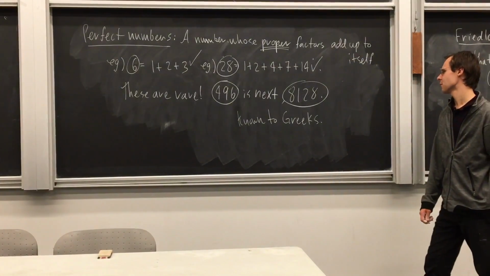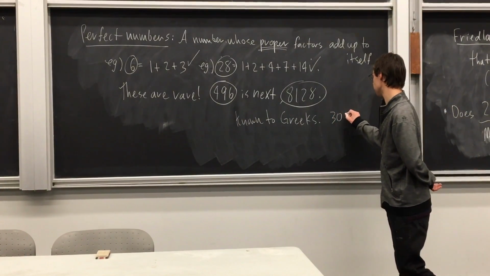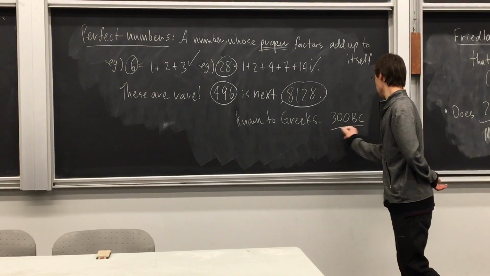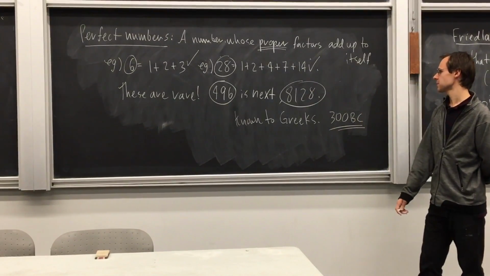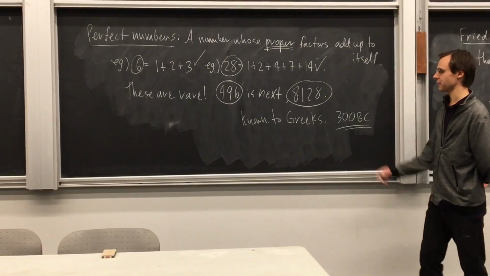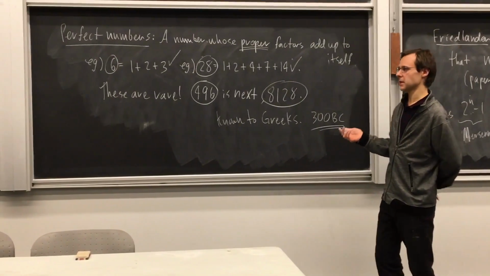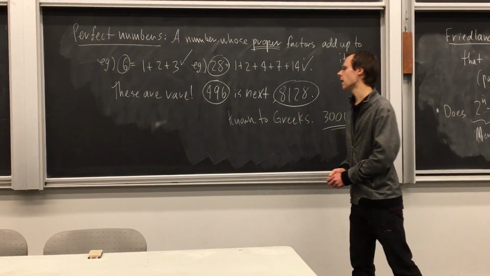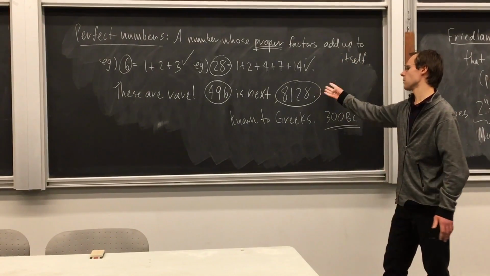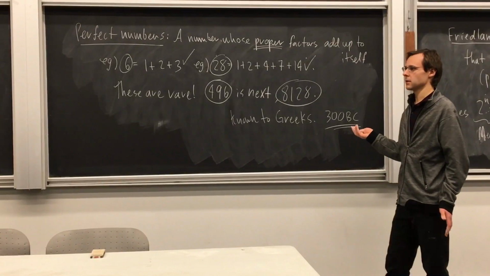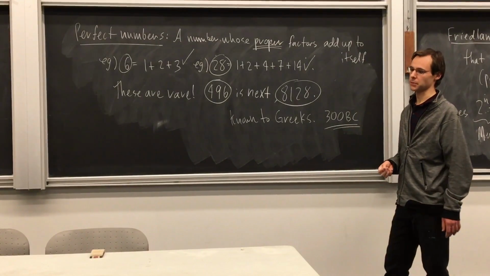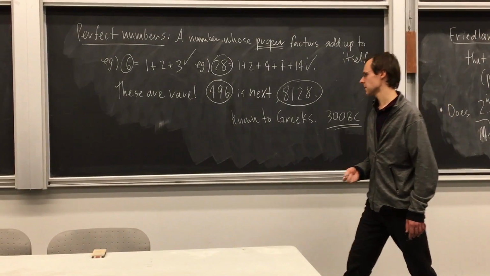But those four were known to the Greeks, so 300 BC, Euclid's time. And possibly they also wondered about having a formula for these, or being able to determine what the next one is, or being able to characterize what form these numbers take. And also whether there are perhaps odd perfect numbers.